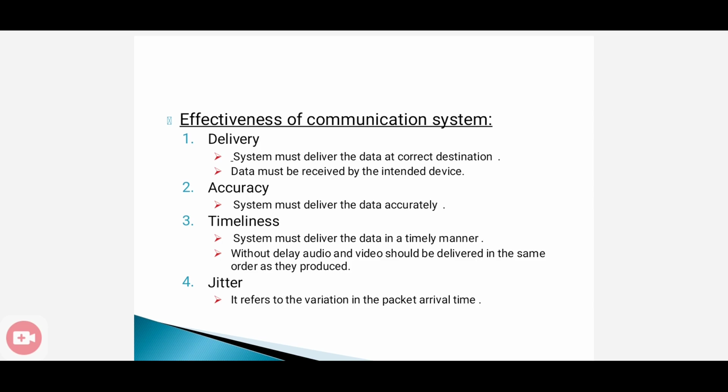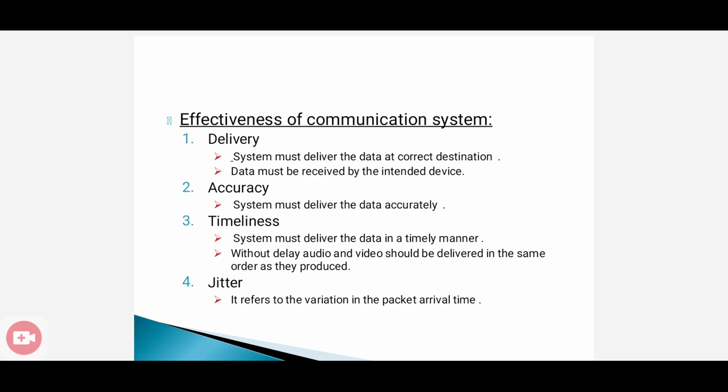The original data is divided into a number of small pieces. Those small pieces are known as packets. So there should not be any variation in the packet arrival time.